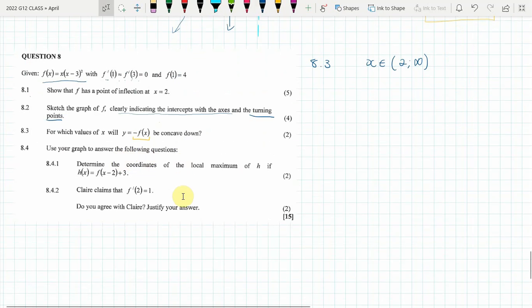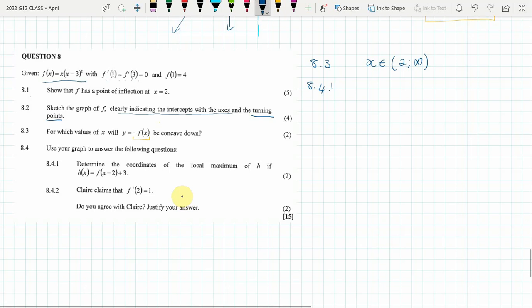More transformations. I'm not really a fan of transformations, but they are very challenging. 8.4.1: Use your graph to answer the following questions. Determine the coordinates of the local maximum of h if h(x) is equal to f(x minus 2) plus 3.